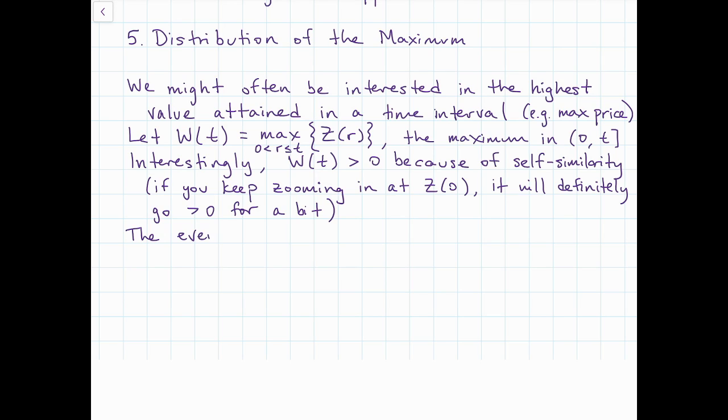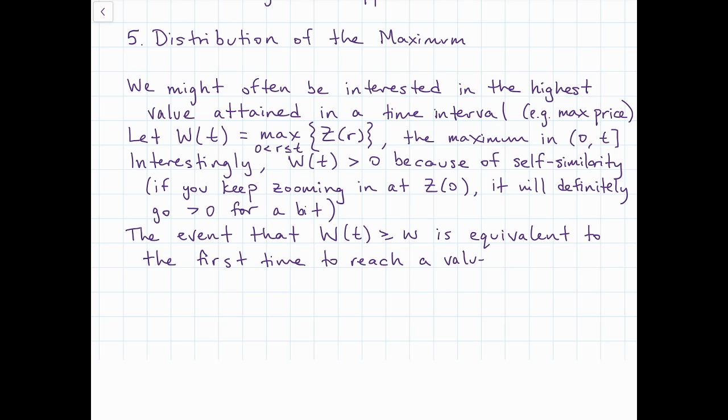So then to find this distribution, I want to recognize that the event that W of t is greater than or equal to some value little w is exactly equivalent to the event that the first time to reach a value of w is less than or equal to little t. See if you can convince yourself of this fact.